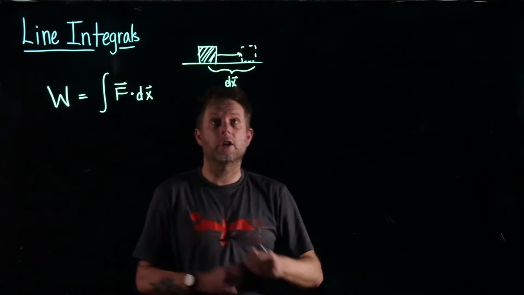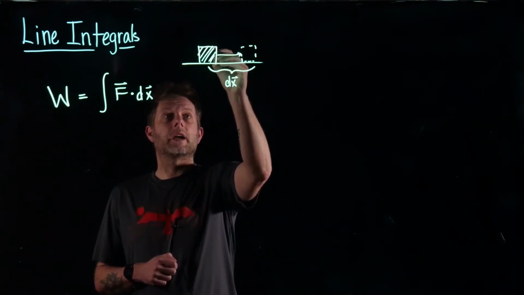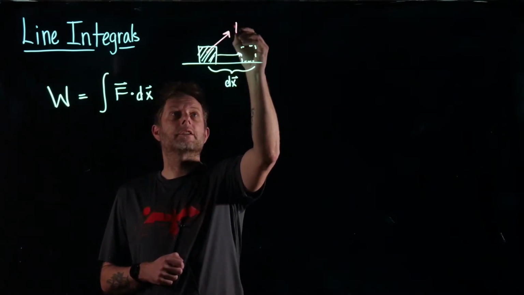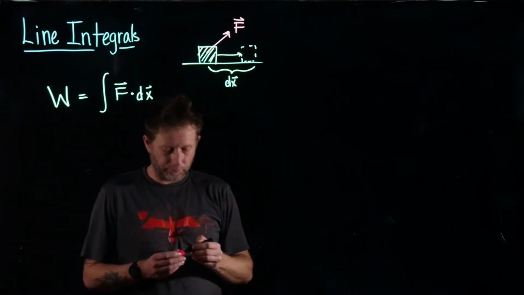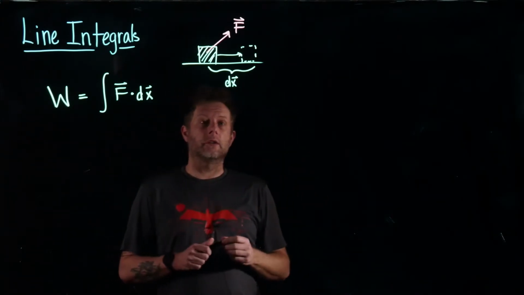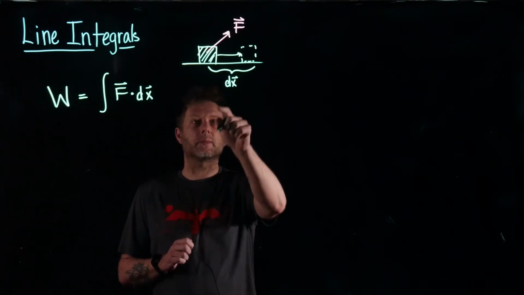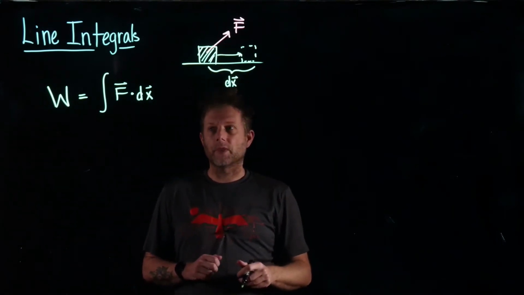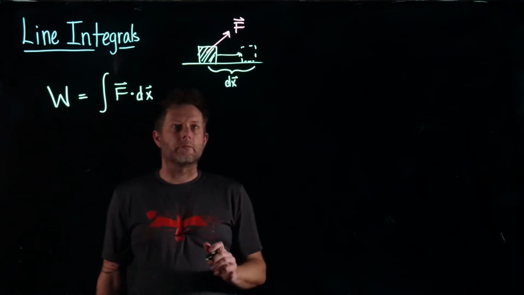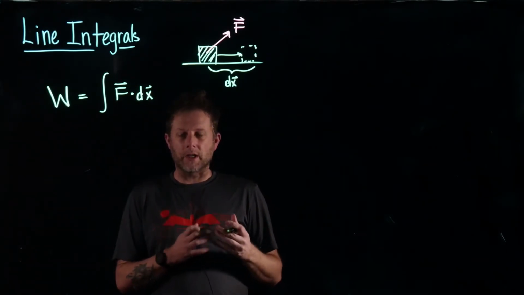I use a different color here, and let's say we're just applying some force in some direction. And the question would be, what is the work done in moving this box, this displacement, due to this force? So that would be this integral right here. And if you're in physics 1, we do not really know how to deal with integrating vectors.